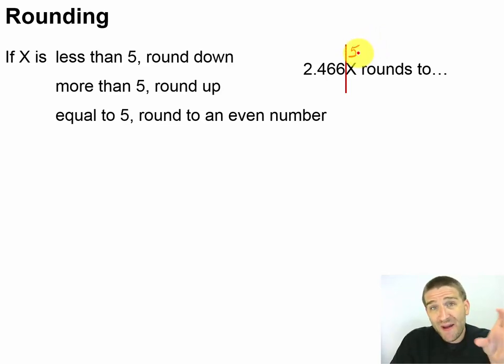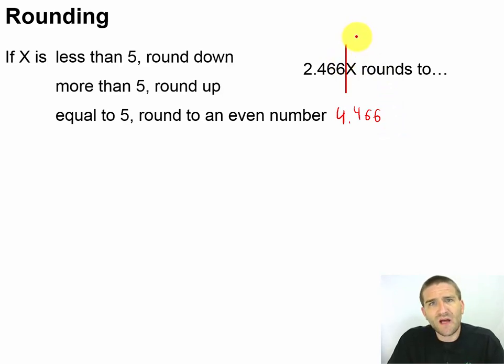To take the bias away, we're always going to round to the even number. So in this case, the value happens to be 2.4665, so we would write 2.466 for our final answer. We wouldn't round it up to the 7 because 7 would be our odd number. Slightly complicated, but not very bad.